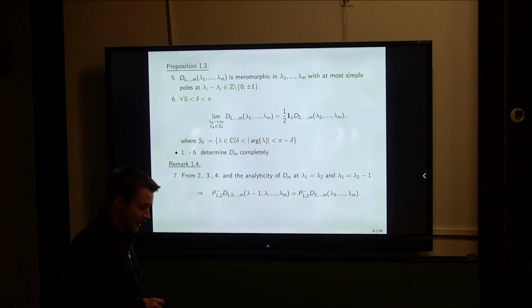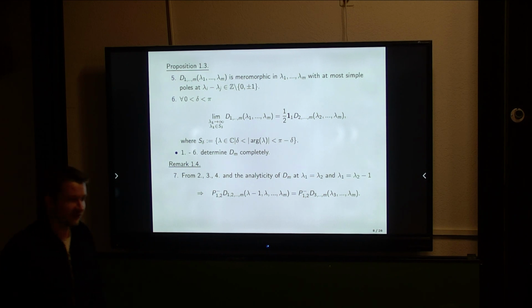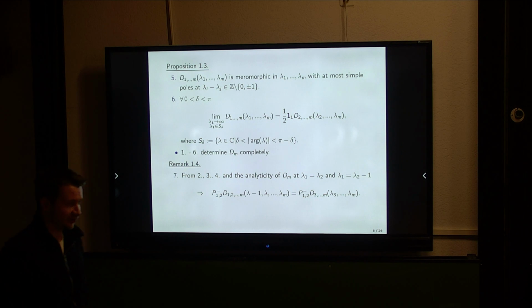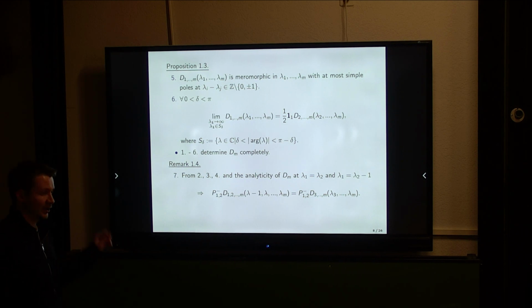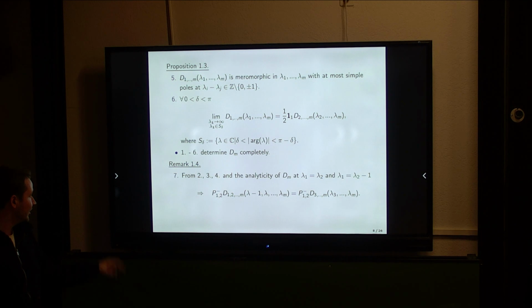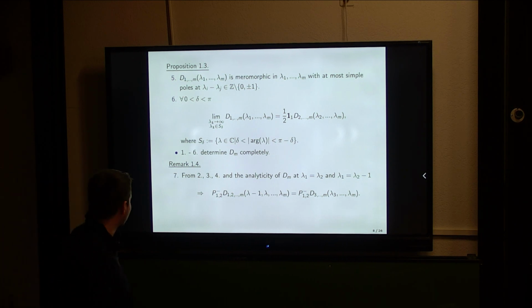And now, using these multiple integrals, you can prove some analyticity properties. The first one is that the dm is meromorphic in the parameters lambda 1 to lambda m, and it has at most simple poles at lambda i minus j in Z without 0 and plus minus 1.